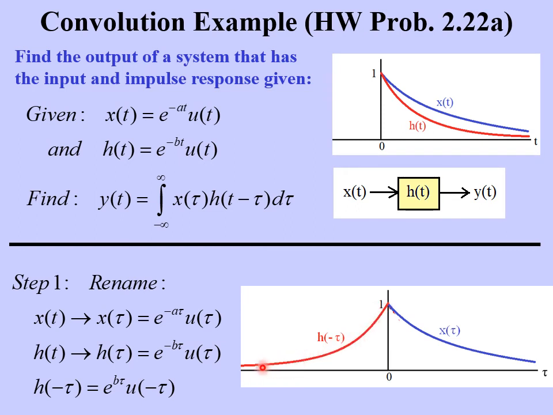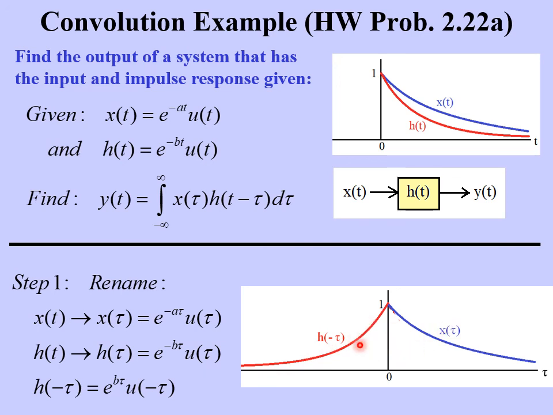It goes to the left. By replacing tau with negative tau, we get e to the b tau multiplied by a step function u of minus tau, which goes to the left instead of the right. That's shown in red.